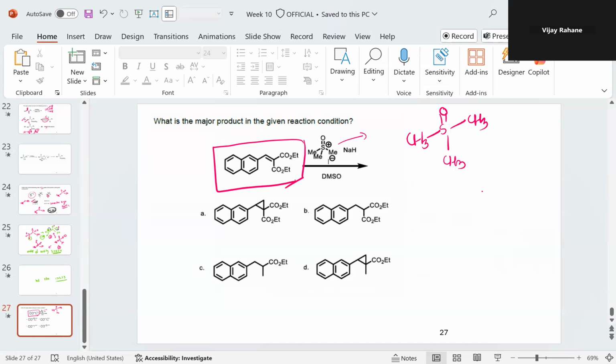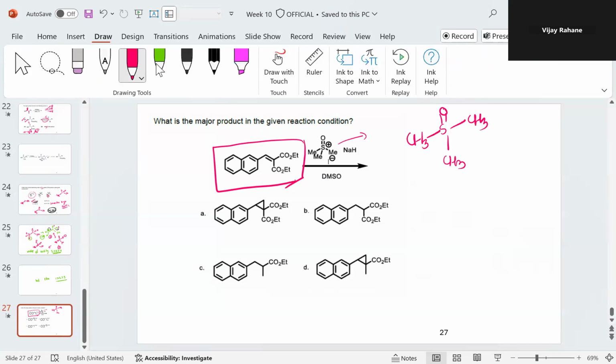This Me negative, obviously they have drawn somewhat incorrectly. It should be CH2 negative, instead of writing Me3 negative, it should be CH3 negative. So they made a slight mistake here, but I will correct that one. Here it should be CH2 negative.